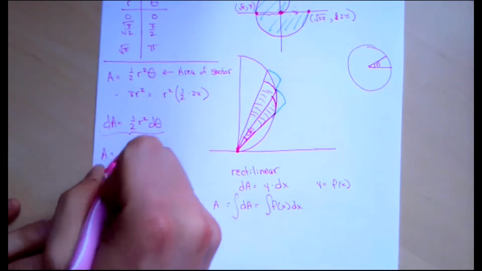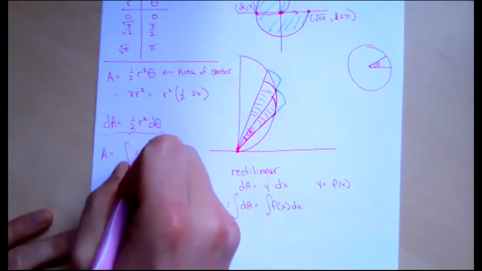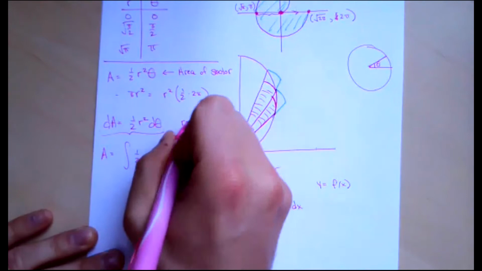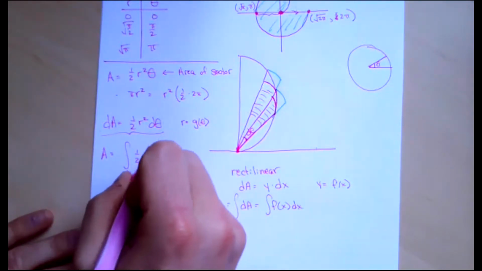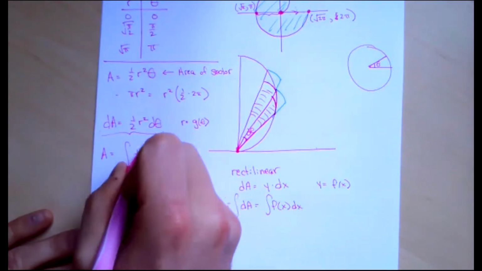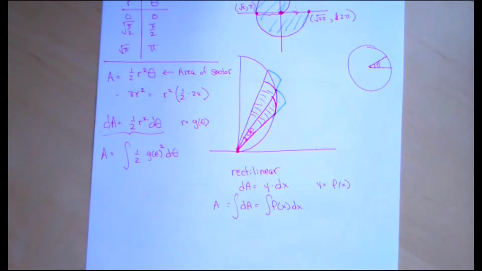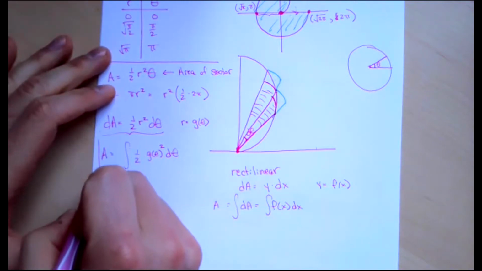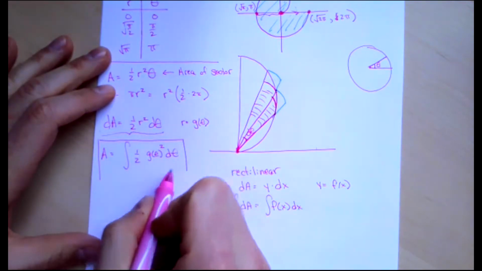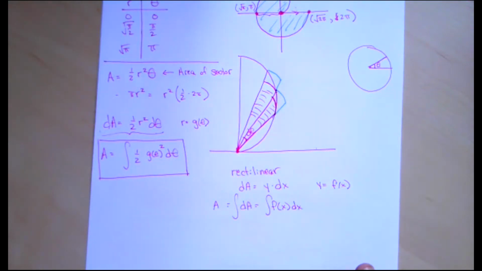So our area is going to be 1/2 whatever the function is. So if we have r as, let's say, g of theta, we'll have the integral of g of theta squared d theta. So this is our formula. Another one that's going to be good to remember, good to memorize for areas in polar coordinates.